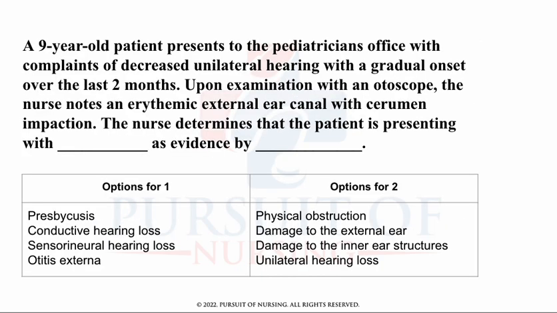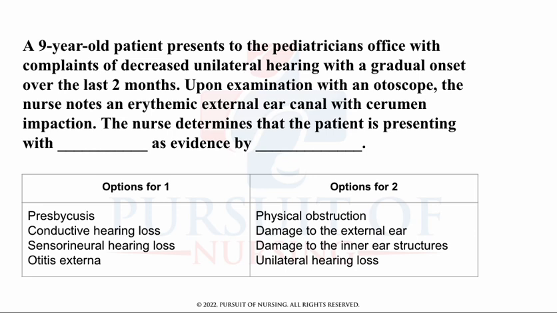All right, this is a drop-down style question. This is going to test your knowledge of physiological integrity. A 9-year-old patient presents to the pediatrician's office with complaints of decreased unilateral hearing with a gradual onset over the last 2 months. Upon exam with an otoscope, the nurse notes an erythemic external ear canal with cerumen impaction.